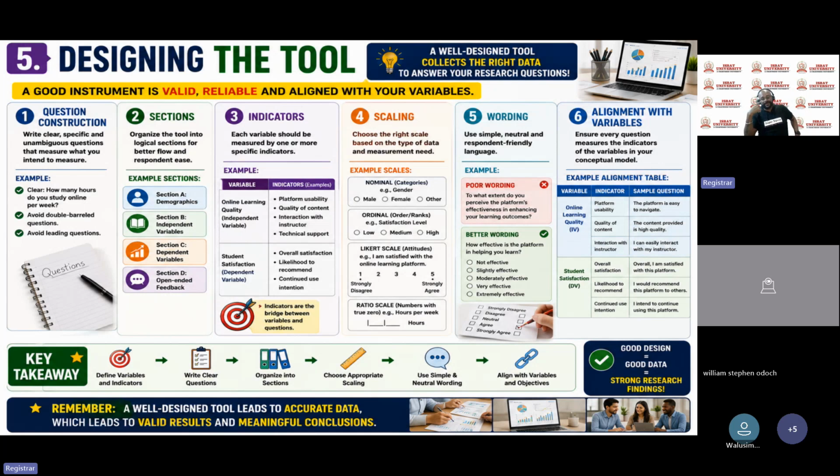See, if you ask such a question which is double barrel, sometimes your respondent will not give a proper answer. Secondly, they may fail to understand the appropriateness of the question, and for you, you are the loser, because you won't get the correct data. So you have learned how to draft your questions or write your questions.